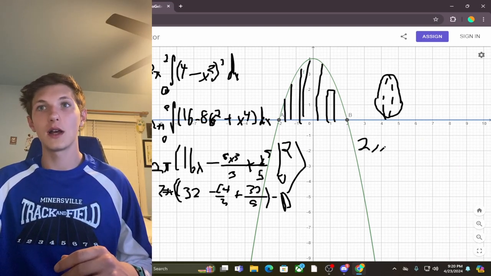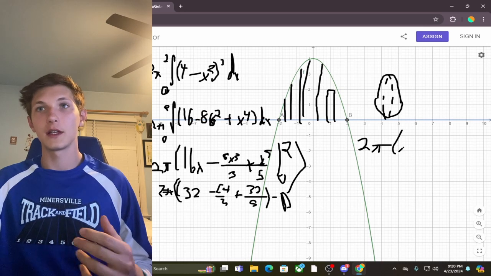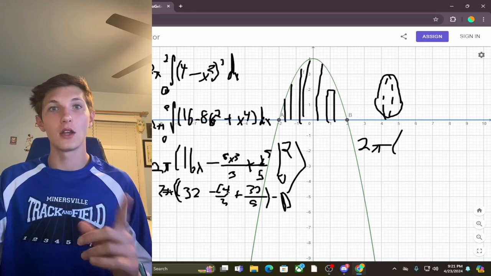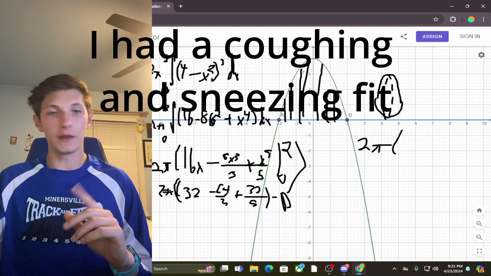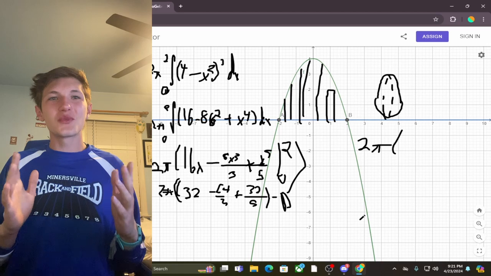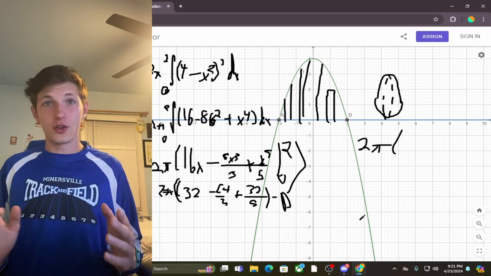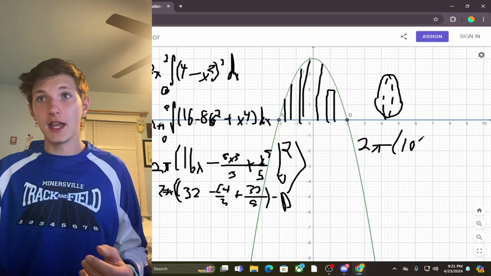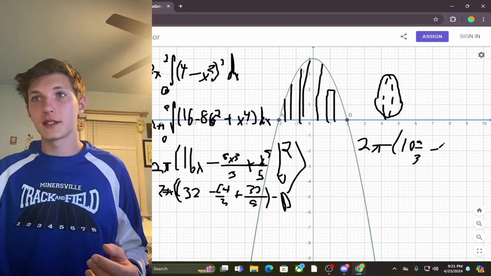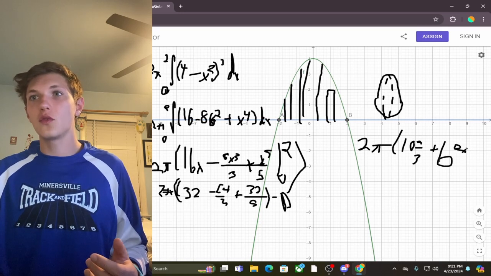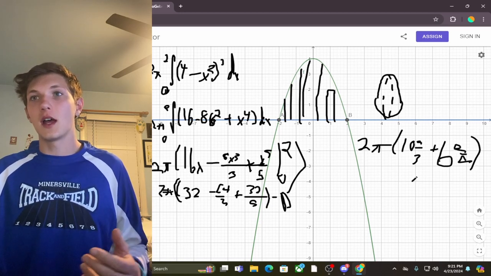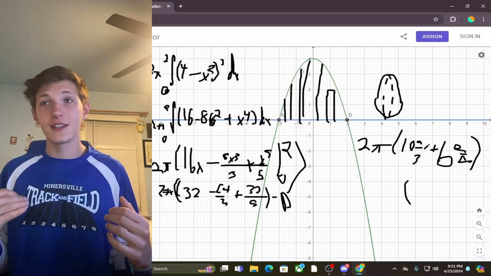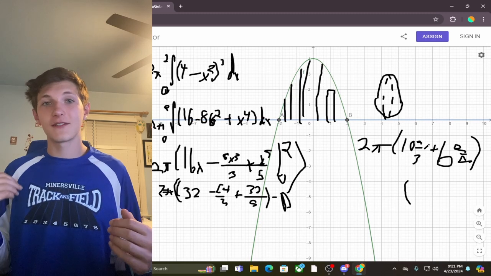All right, 2 pi multiplied by, this is really just 21 and a third. So when we add those together, we get 10 and 2/3 plus 6 and 2/5, which is 10 and 10/15 plus 6 and 6/15.